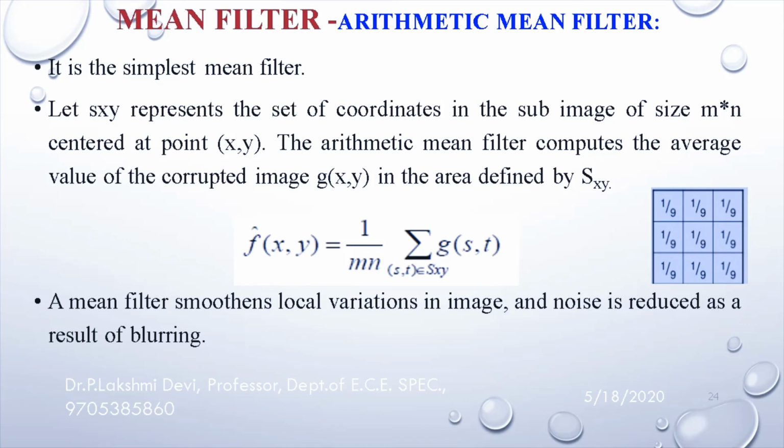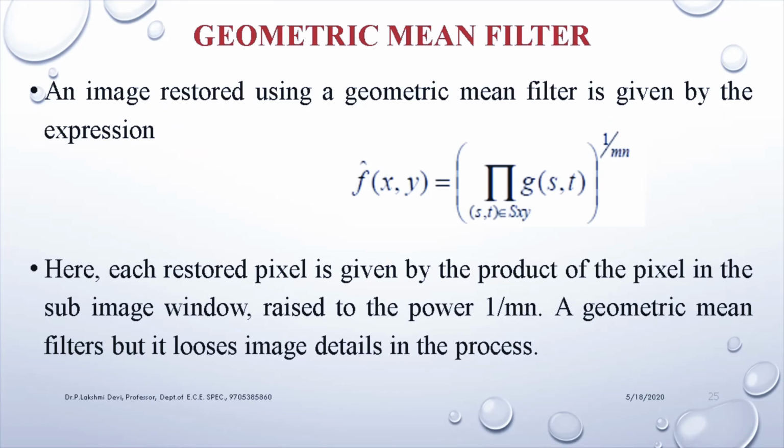For a 3 by 3 size, the mean filter is 1 by 9 with all filter coefficients equal to 1. When this filter overlaps the sub-image, it gives the mean, or average, value, which replaces the center pixel value. In this way we can compute it for all the pixels.